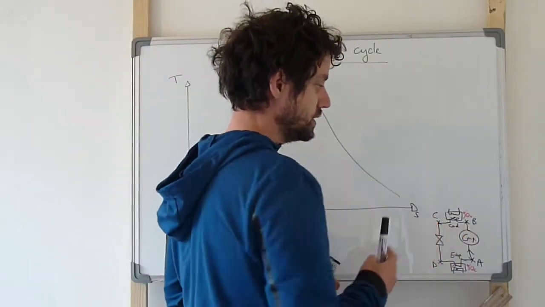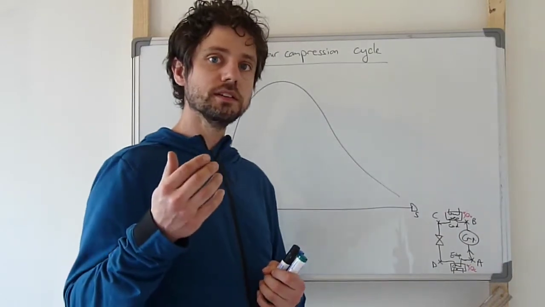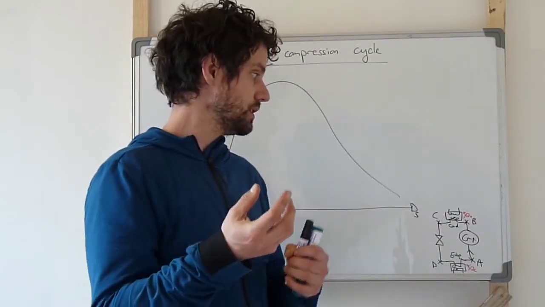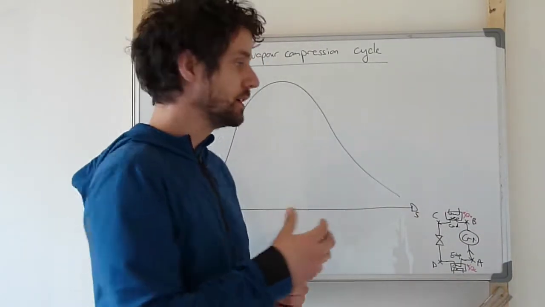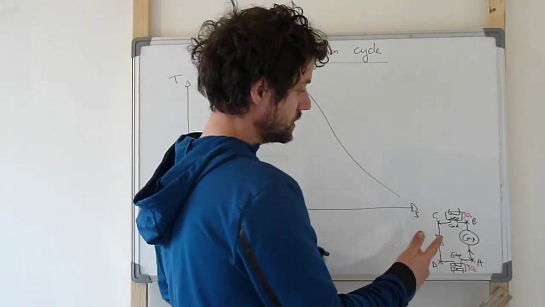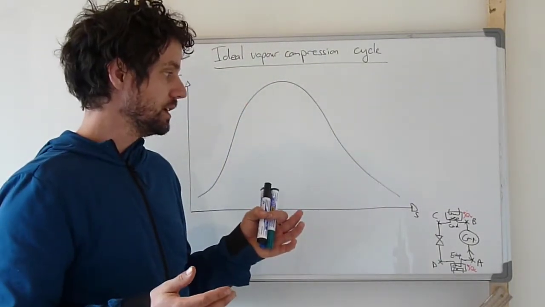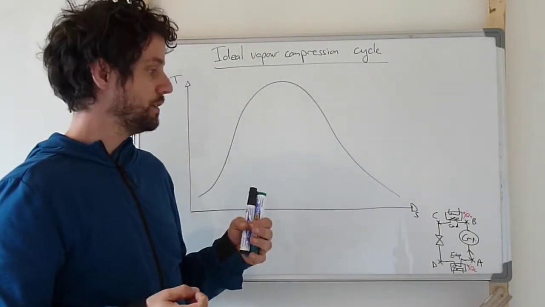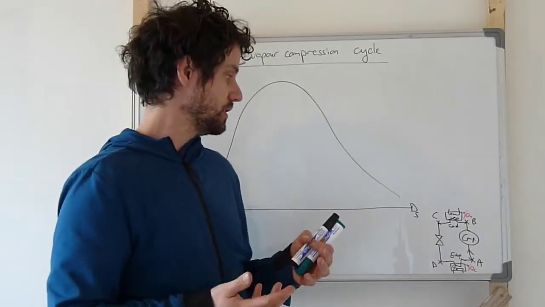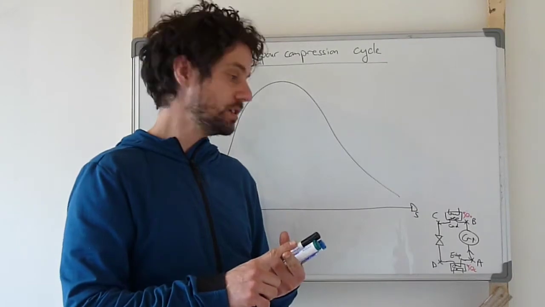Then we have a heat exchanger called the condenser, in which the fluid is cooled down to saturation and then completely condensed by giving heat to the hot source. Third transformation, we have the expansion valve from C to D, and in that case we have an isenthalpic expansion because there's no technical work and no heat exchange.